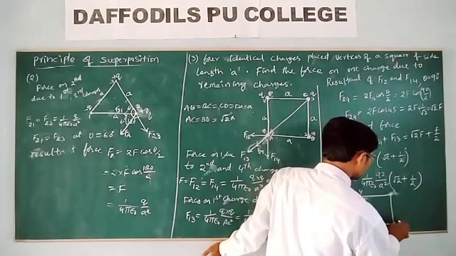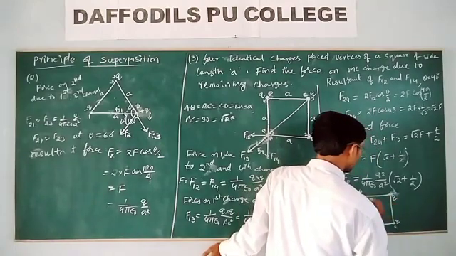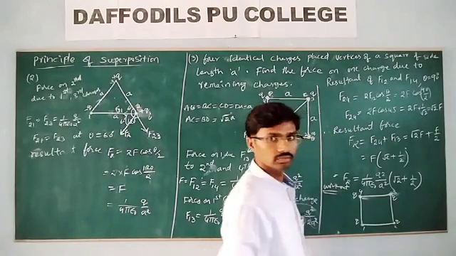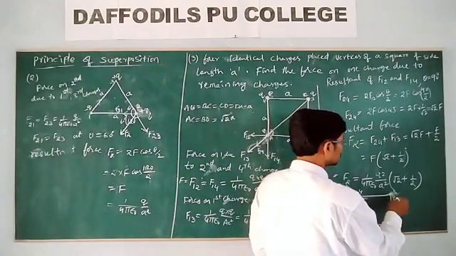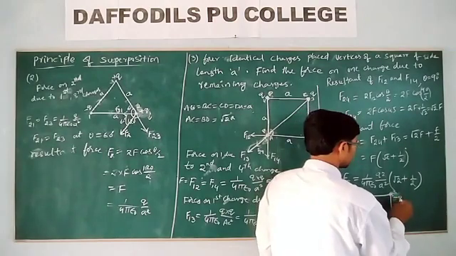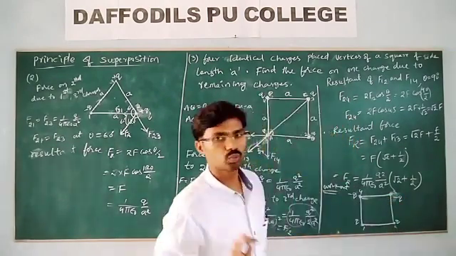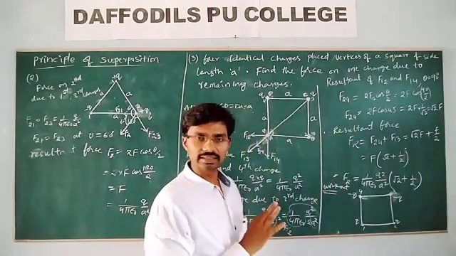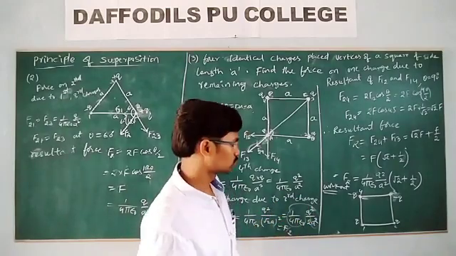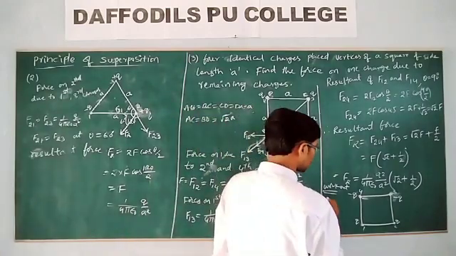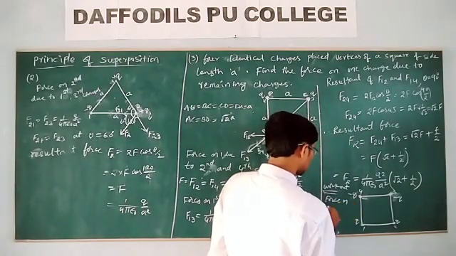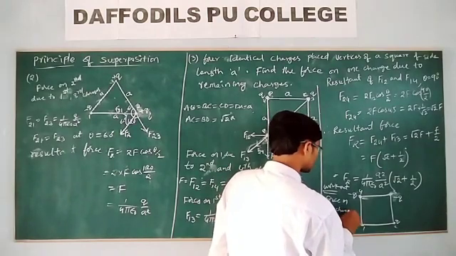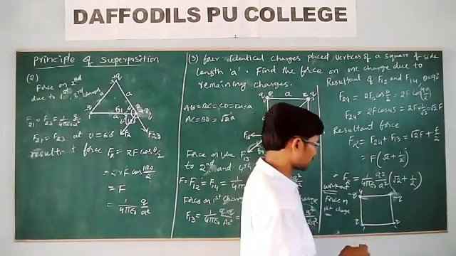Q, Q, Q, Q. Now let me take here it is minus Q and this is also minus. You find what is the resultant. I'll give the sign, then you try to do yourself. Force on the first charge due to the other charges. Okay, let me write here.